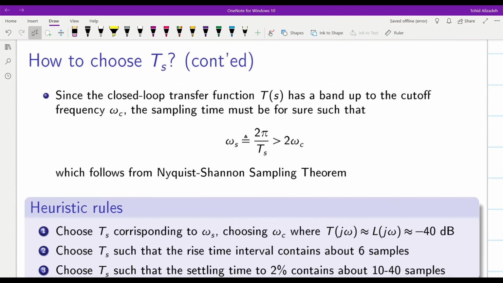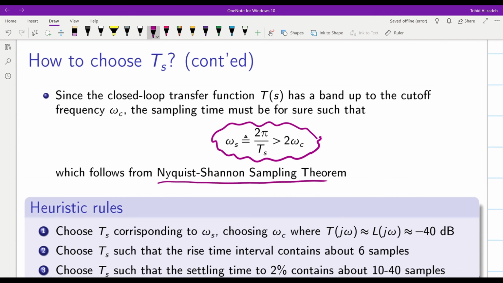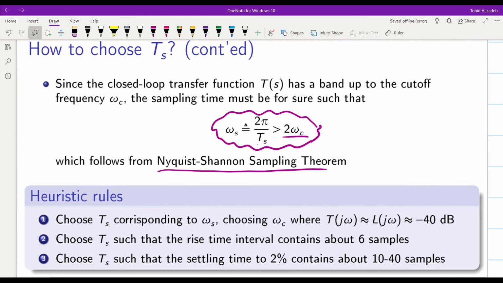As a rule, to determine the sampling time, we need to stick to the equation here, which follows the Nyquist-Shannon sampling theorem. Omega s, which is defined as 2 pi over Ts, should be bigger than 2 times omega c, where omega c is the crossover or cutoff frequency.